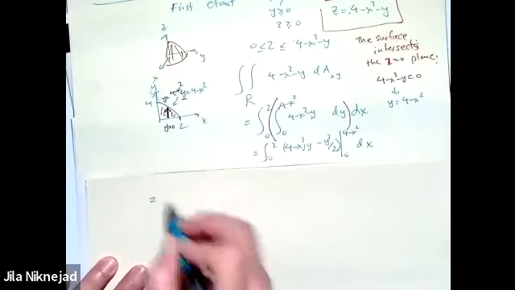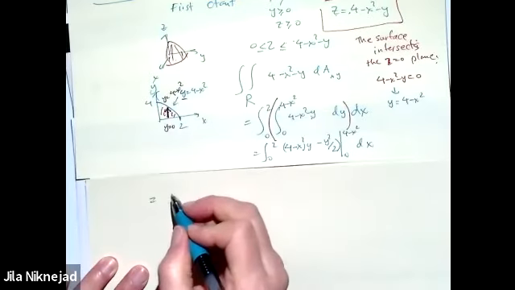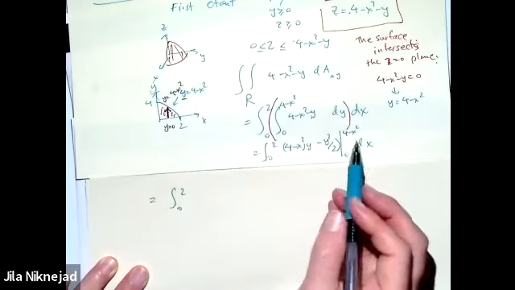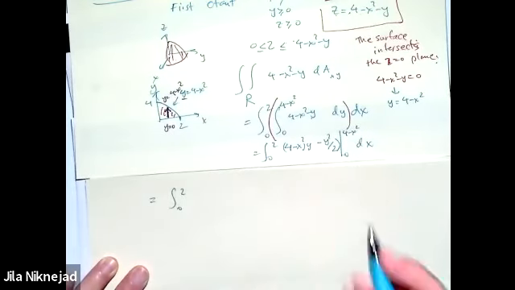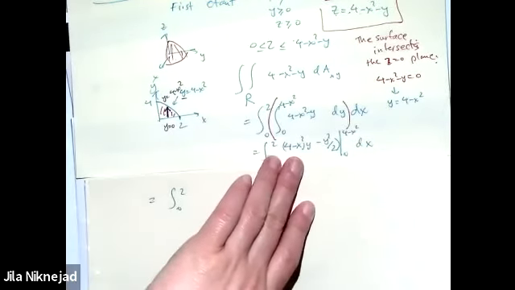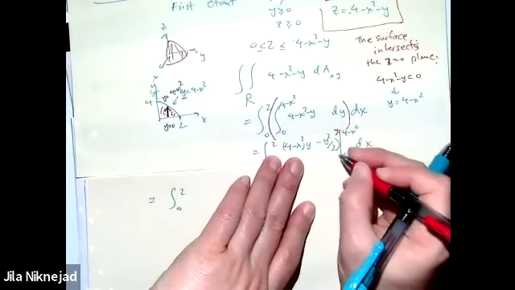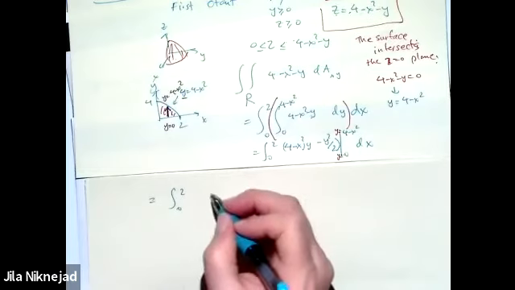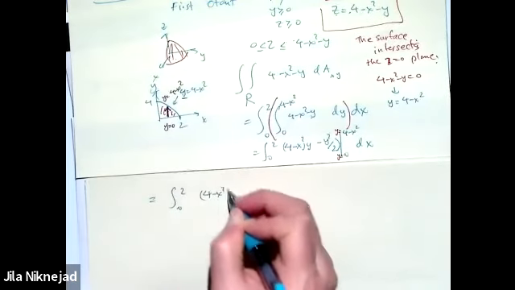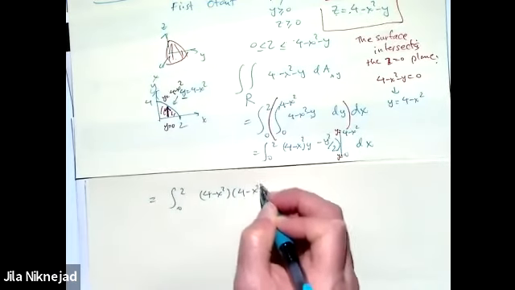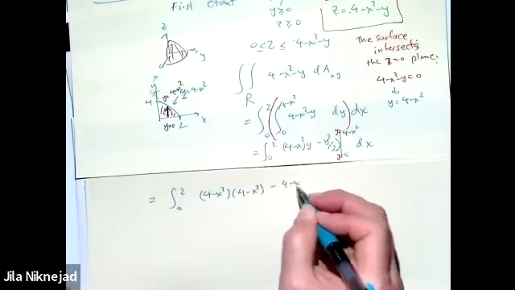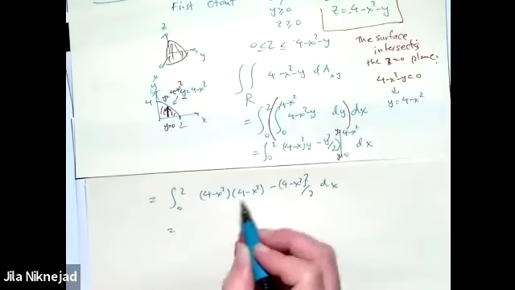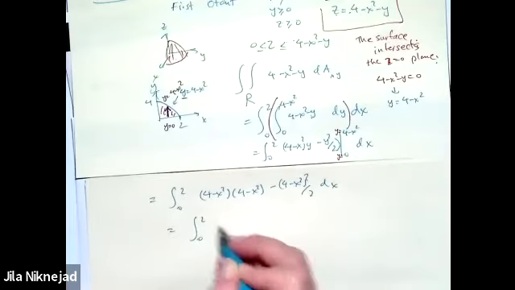So now I get 0 to 2, plug in for y. This is y equal to; if you forget, put that in there so you won't make a mistake. So it's 4 minus x squared times 4 minus x squared, minus 4 minus x squared to the power 2 divided by 2, dx.